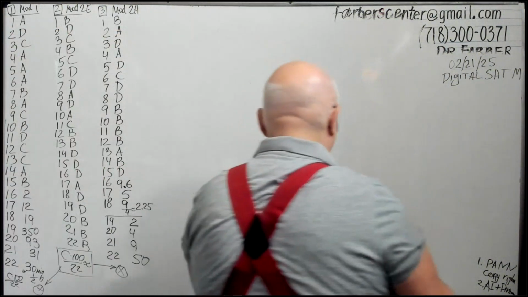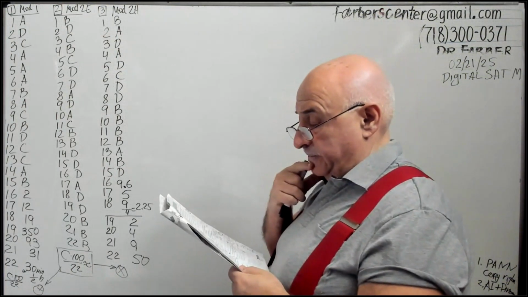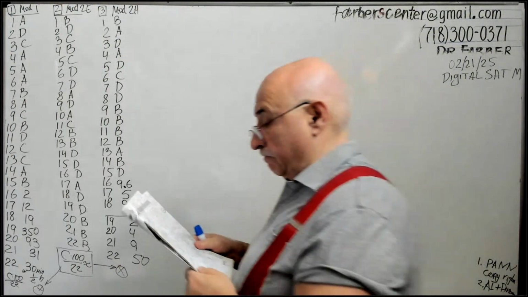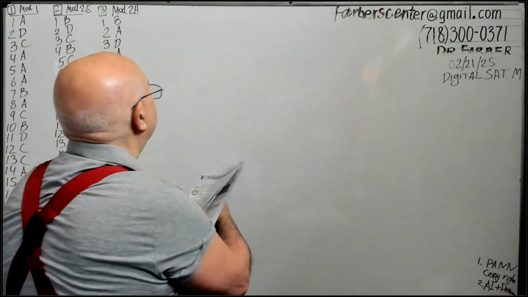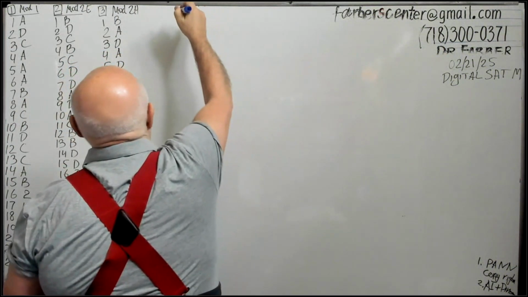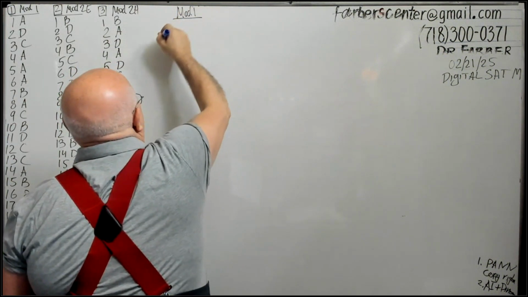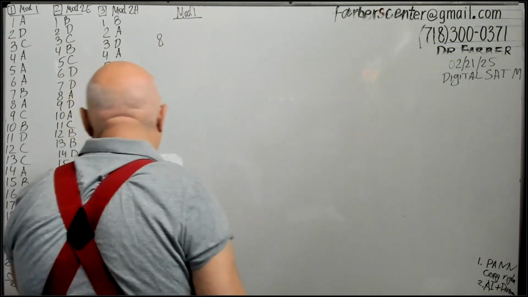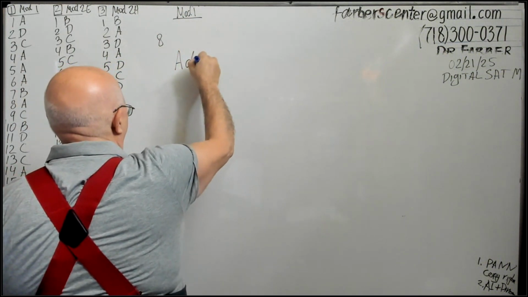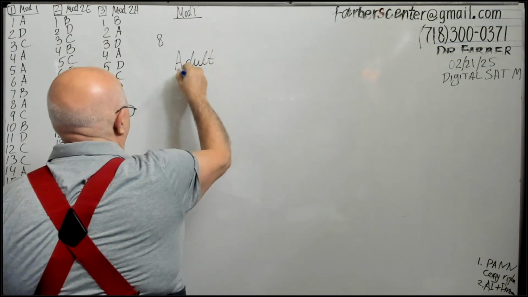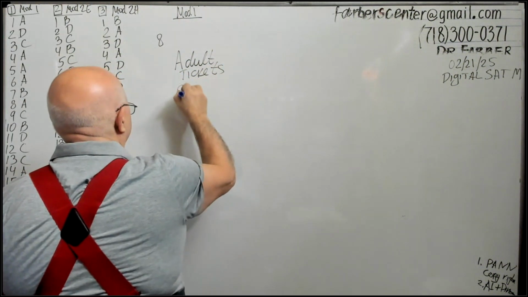So what we have in number 8? Paul is selling tickets. And we have 2 kinds of tickets. This is module 1. Number 8. We have adult tickets and student tickets.